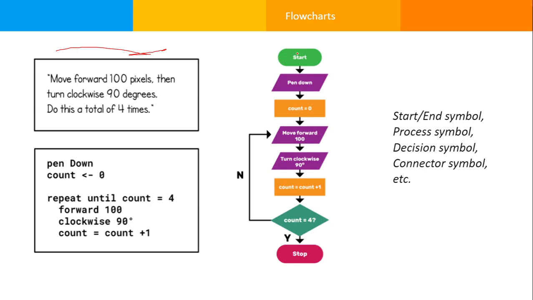So first of all, you draw the oval shape, and then you write the instruction on it. Normally we use the word start, and when you end the algorithm, you write stop.